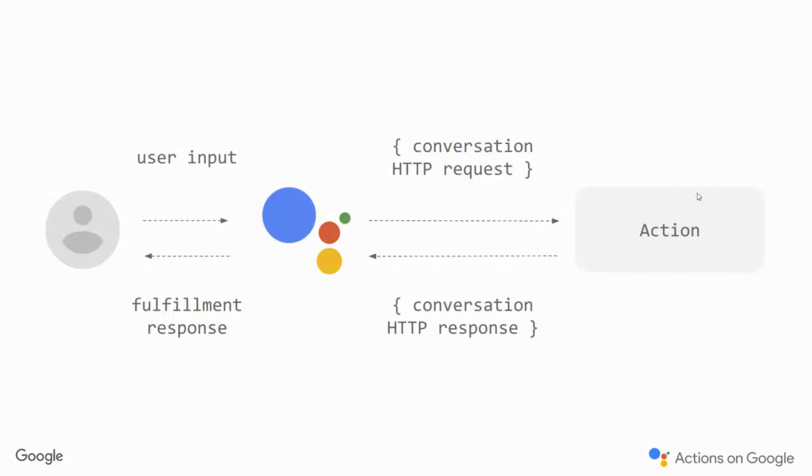And this is where your action lies. So your action will understand that, okay, I've got some request. Let me pass that information. If there's any backend logic involved, check that and send back the response. And once the response is sent back, the Google Assistant again is involved in passing that information and sending it back to the user, either in terms of voice or text. Okay, so from a very high level, this is what is actually happening behind the scenes.